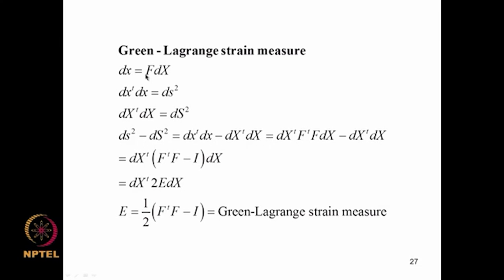Now, for dx, if I use the relation F dX, I can rewrite this as dX transpose F transpose F dX minus dX transpose dX. So, I will write this quantity in this form, dX transpose (F transpose F minus I) dX. This quantity in the parenthesis I call as 2 into tensor E, defined as half of (F transpose F minus I). This quantity is known as Green-Lagrange strain measure.